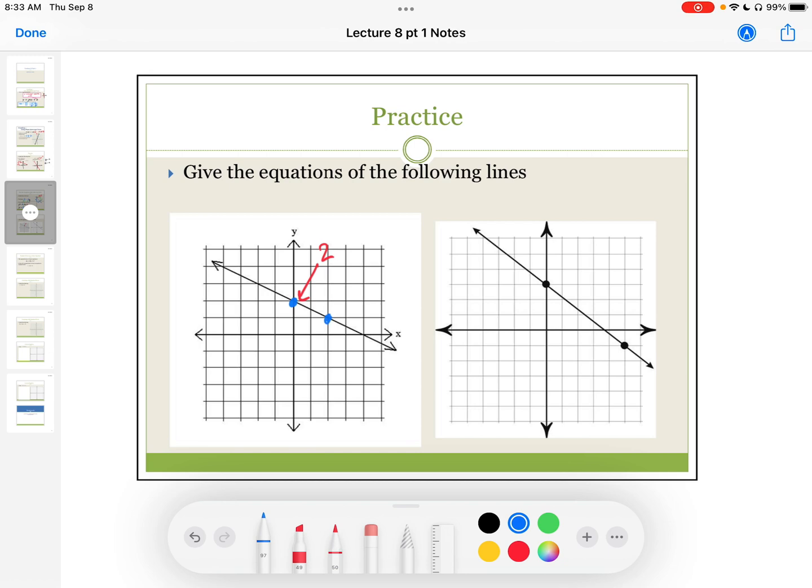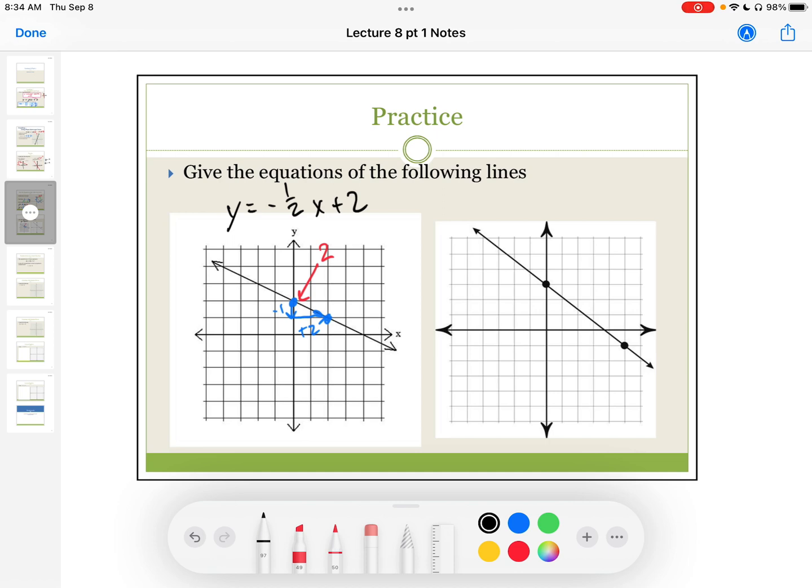It also appears to cross right at this point here. So I'm going to go down 1, so that'd be a -1, and to the right 2, so that'd be a +2. So my equation for this line is y equals -1 over +2. That's just negative 1/2 x, don't forget your x, plus 2, because it's a positive 2.